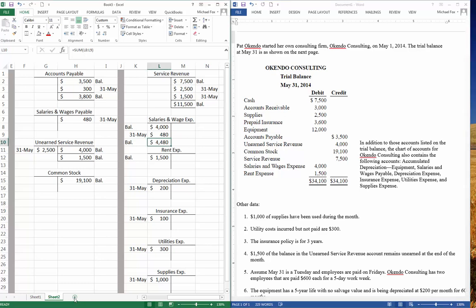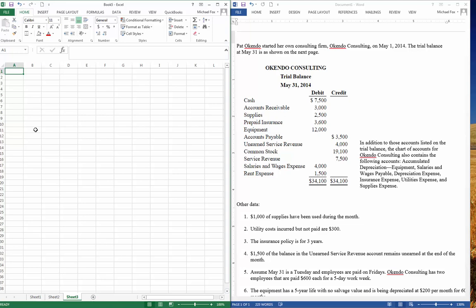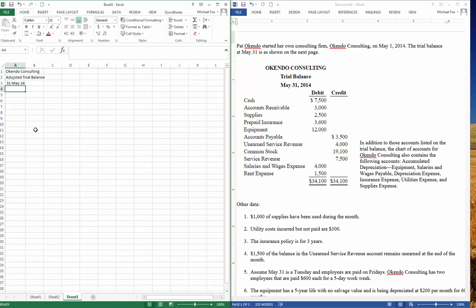So I'll set that up on a new tab. We'll call it Acctg Consulting Adjusted Trial Balance, May 31st, 2014. And then we'll have our accounts here. So let me just kind of center this across.